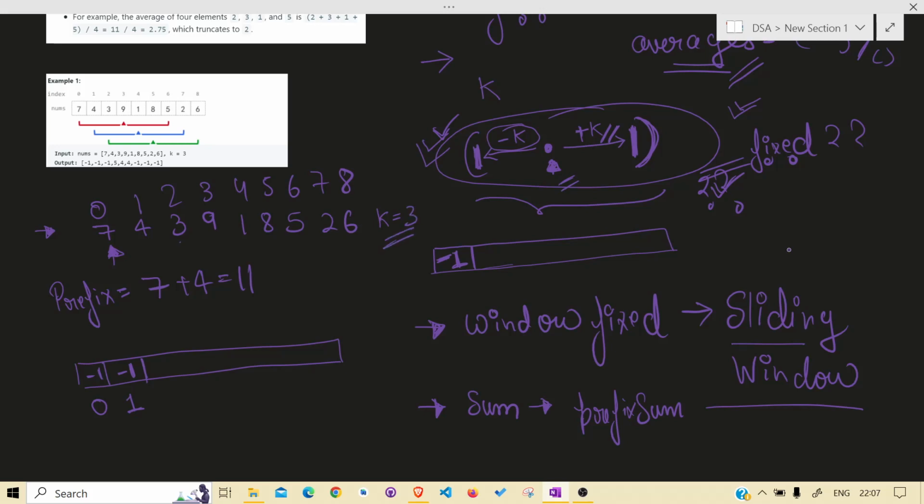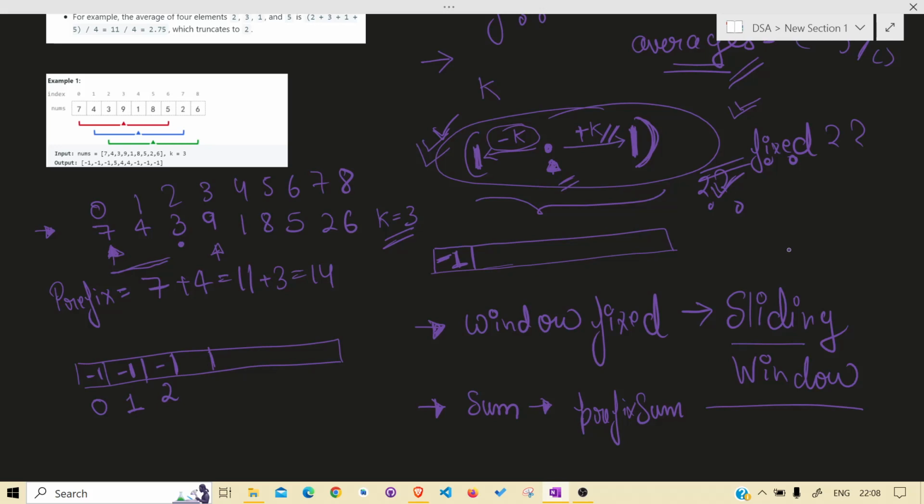Again, at index 2, the sum is 14, but still -1. At index 3, now something can happen. Up till now we did not have k, but can you see on this index, 3 minus k, k is 3, we get 0.